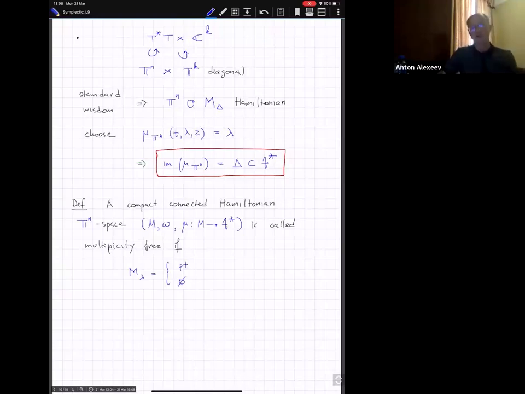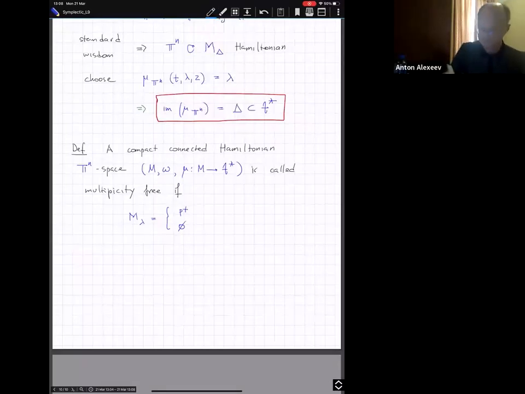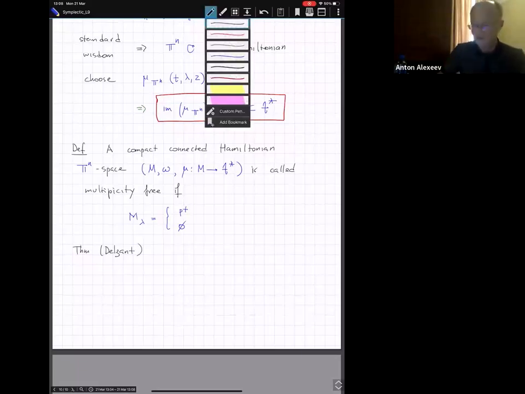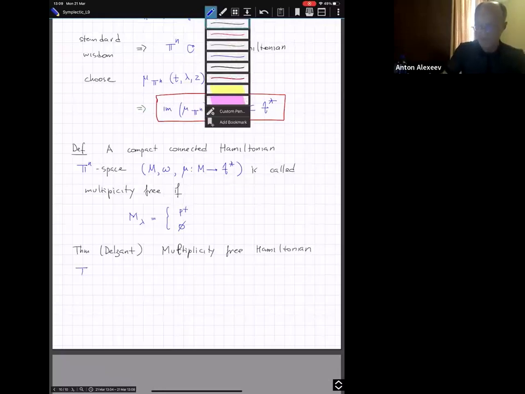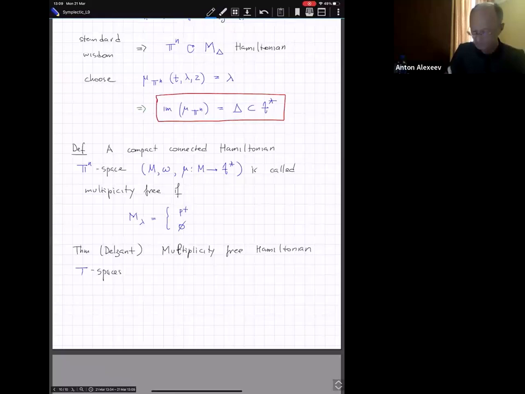So this is a very strong requirement on the space, and here is the theorem, a very famous theorem of Delzant, which says that multiplicity free Hamiltonian T spaces are in one-to-one correspondence with Delzant polytopes.